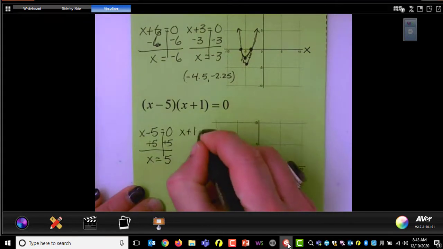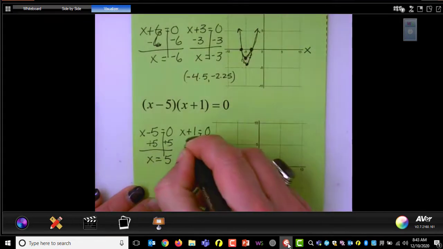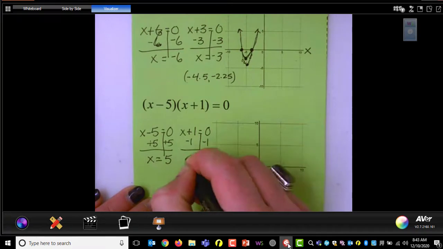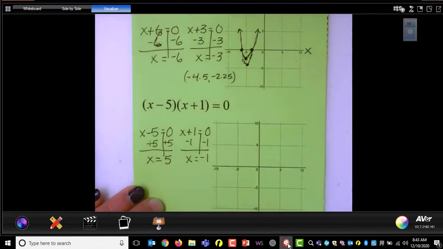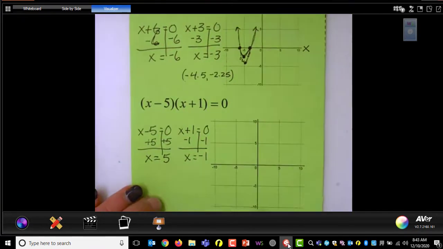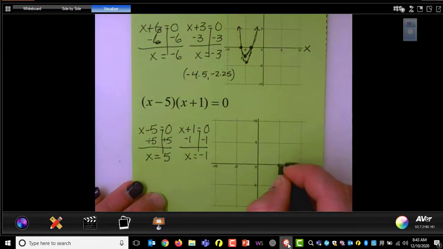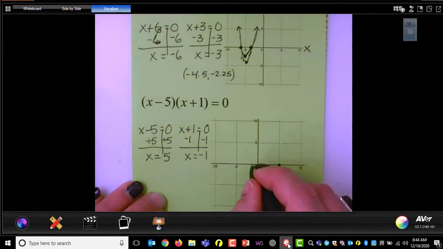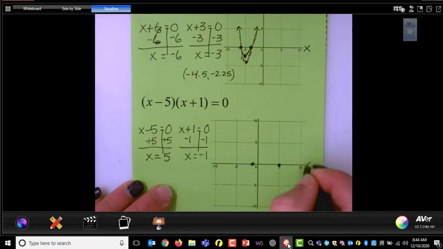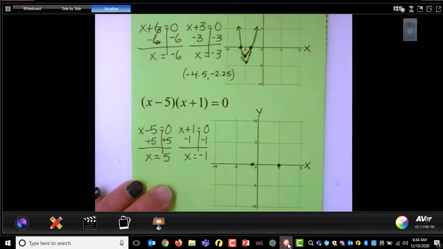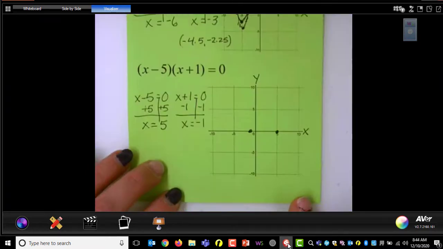Our other intercept will be at -1. Now I can go ahead and plot those. I'm at 5 and I'm at x equals -1.